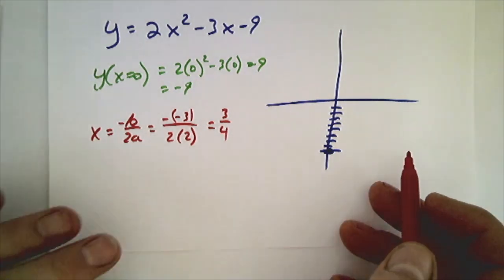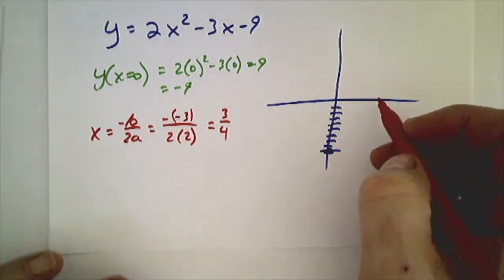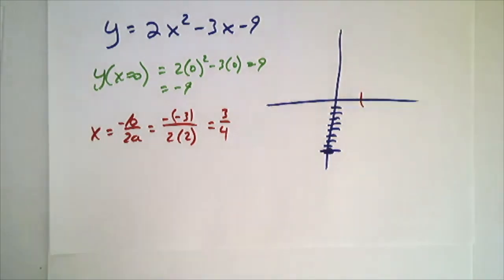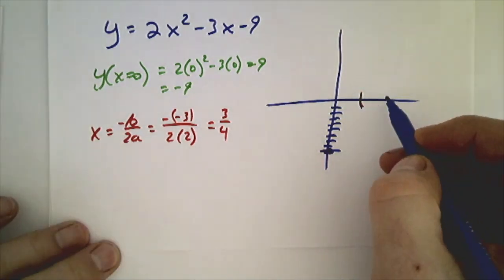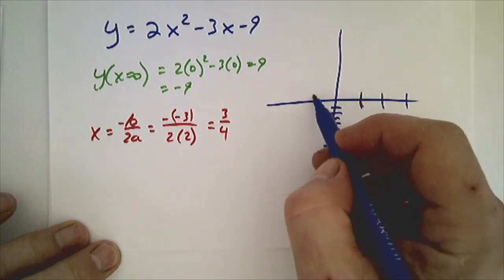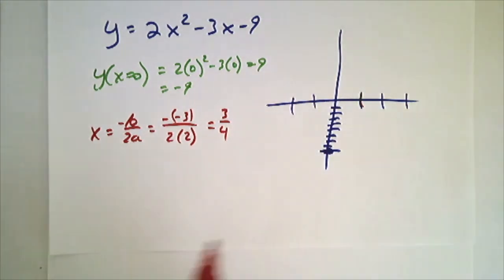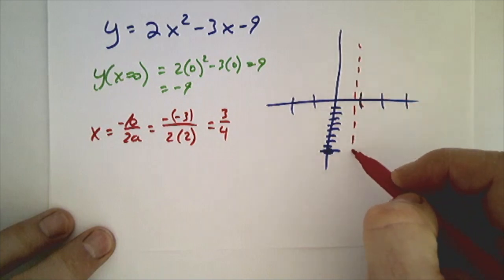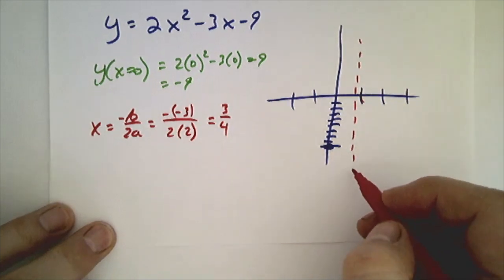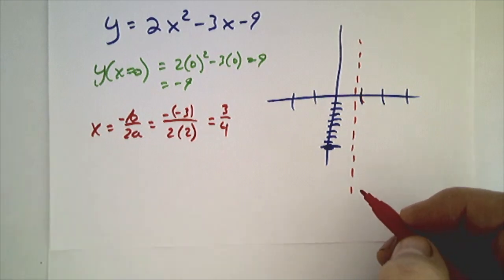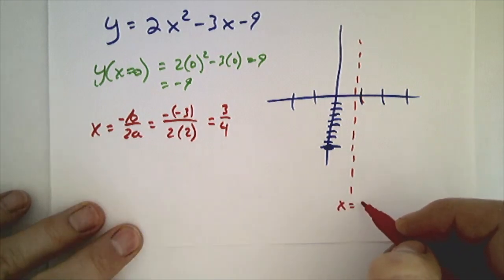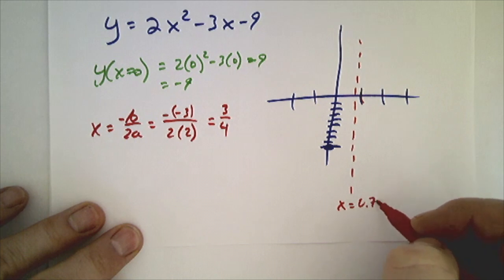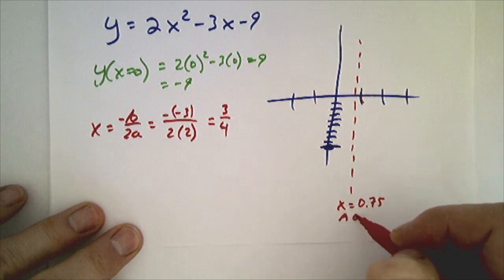Positive number. So let's stretch this out a little bit. I'll mark this with blue. 1, 2, 3. 3/4 right about here. So axis of symmetry, x equals 0.75. Axis of symmetry.